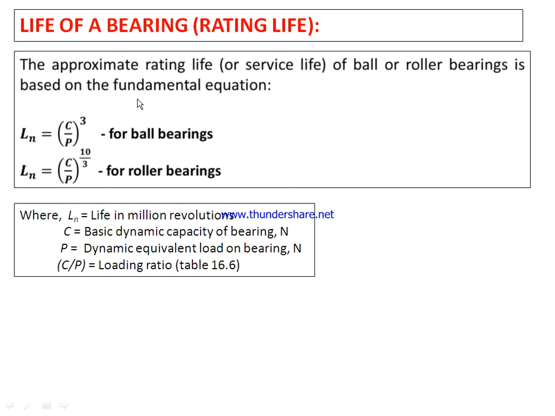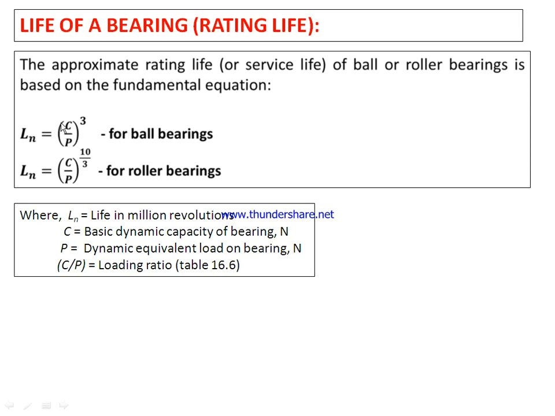And it is calculated by using these two simple equations. Ln is in terms of revolutions. N means the number of millions of revolutions.